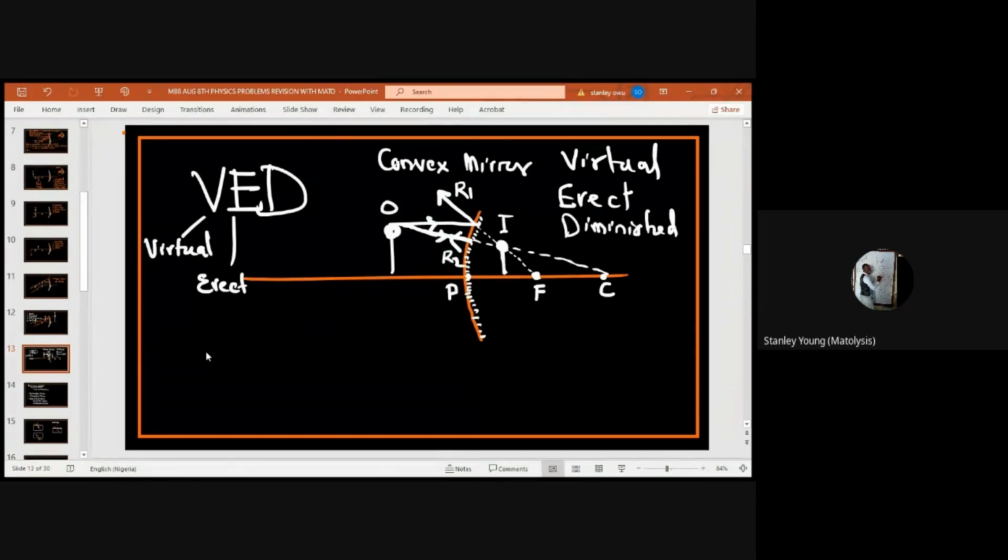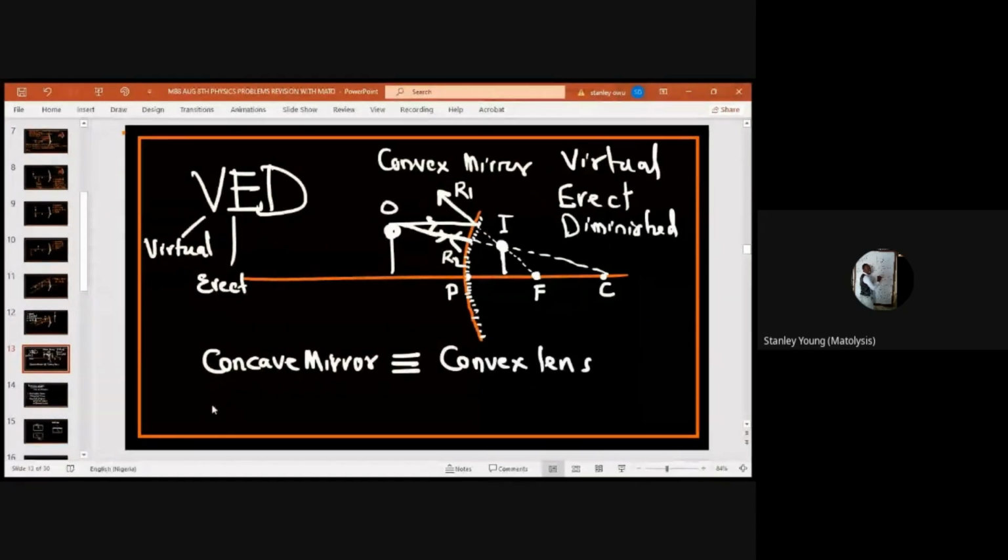In fact, a concave mirror has similar properties to a convex lens. Please take note of that. Concave mirror versus convex lens.